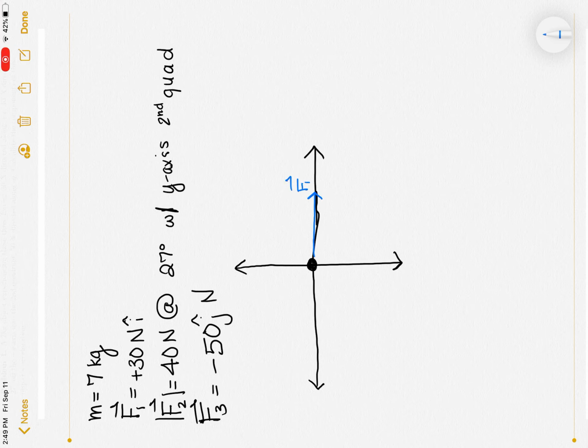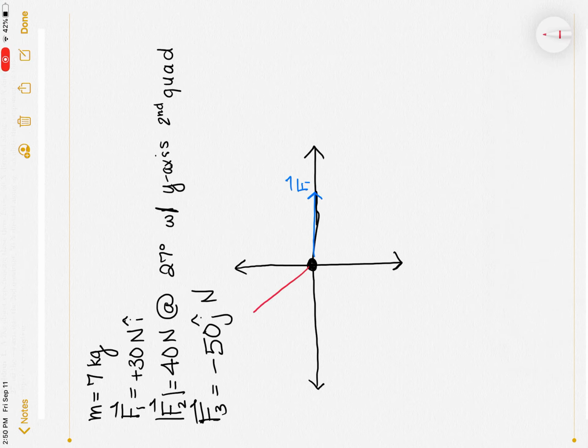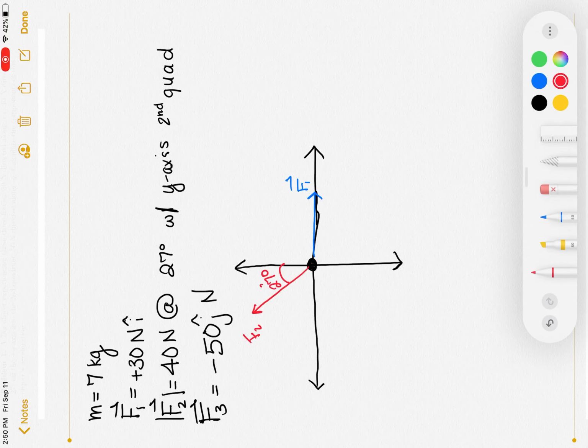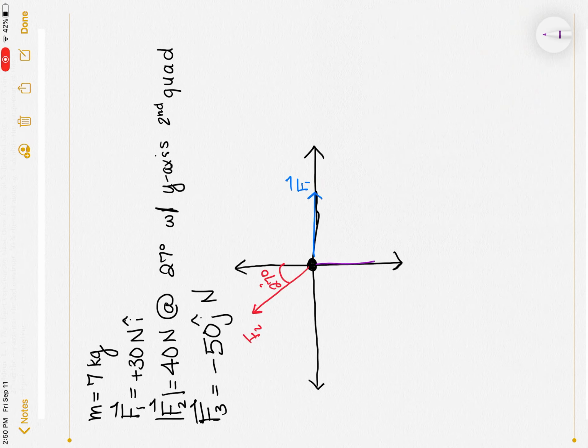So this is F1. The second force we have is going to be in the second quadrant. So this is F2. This is going to be 27 degrees. And then our third force is going to be only in the negative y direction. So this is F3.